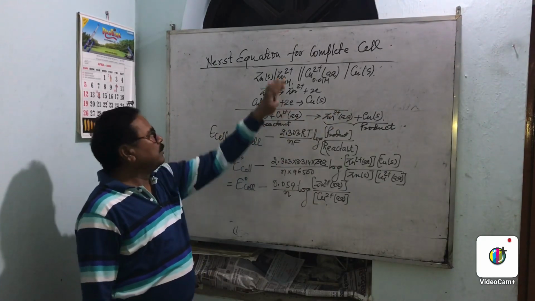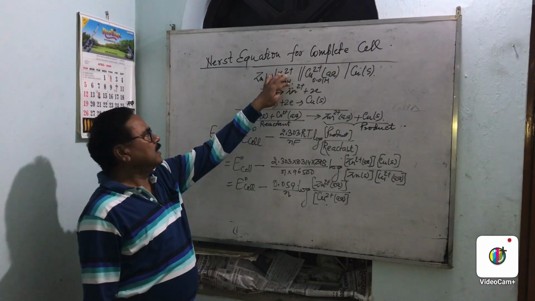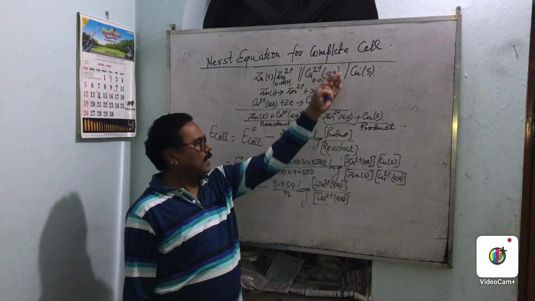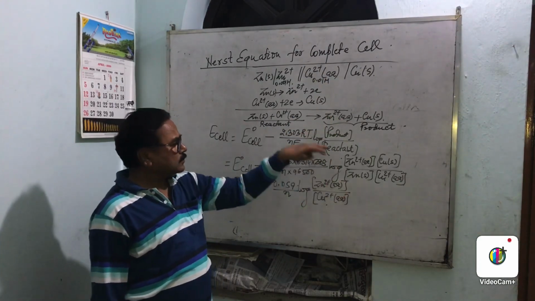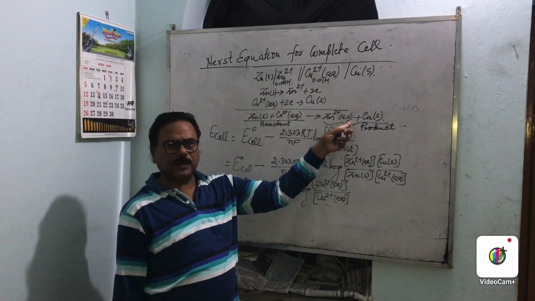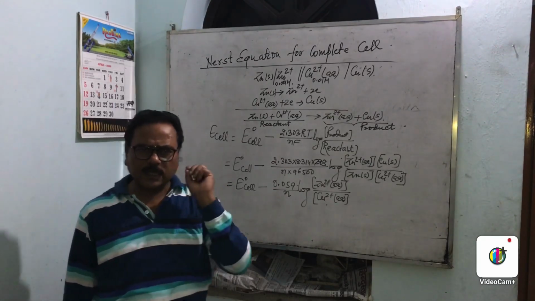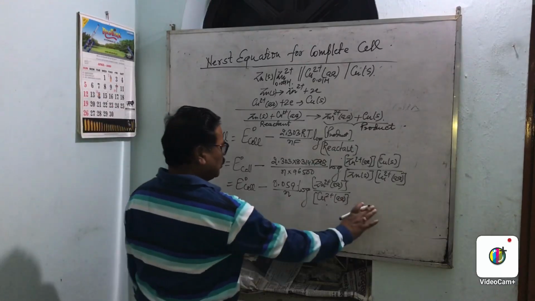If we consider the cell representation, zinc will be on the left side and copper will be on the right side. But if we consider the equation, then we are applying the Nernst equation. Always keep in your mind, we have to consider the equation form. There is no chance of mistakes in solving the numericals.